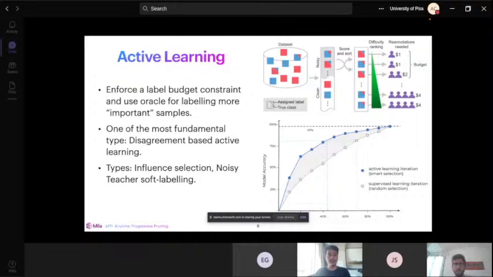And based on our label budget, we use an oracle to label the more important samples, and you can follow a lot of different heuristics to define which samples are more important. And there are several categories of this work. One of them is disagreement-based active learning, which is one of the most fundamental approaches. Yeah, so that is all for our motivation for our work. We will discuss our work based on these three domains that I just discussed.